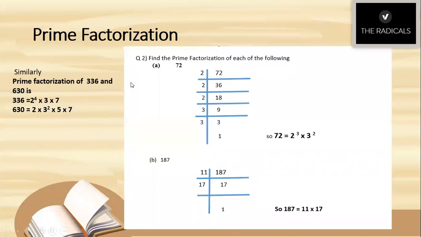For example, if you have to take the prime factorization of the number 72, we will start dividing with the smallest prime number, that is 2. If the number is not even, then we can start from the number 3.